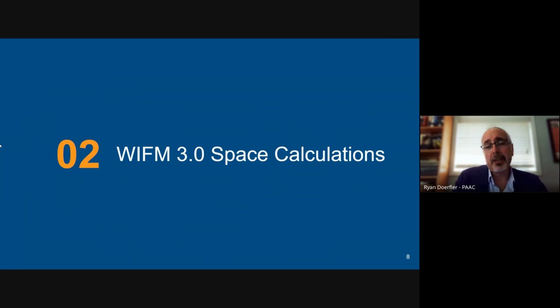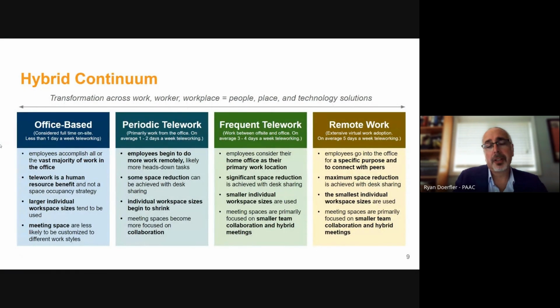The space calculations themselves rely on this foundation of what's called the hybrid continuum. It's a way of expressing different levels of hybrid work or telework, as well as the implications when it comes to the space calculations. In this instance, the construct we're using is, rather than 5 days a week, 4 hybrid continuum levels.